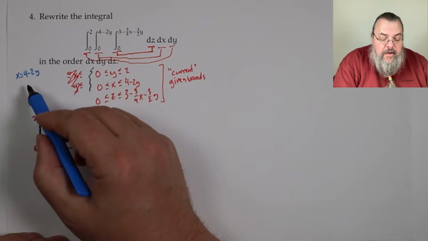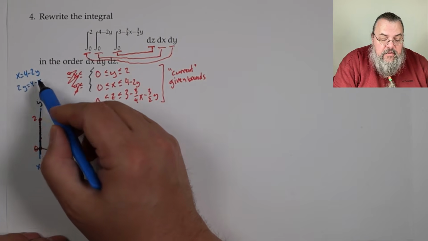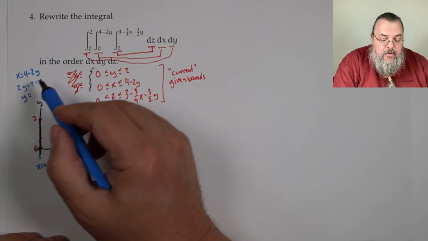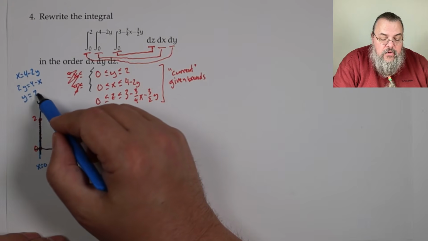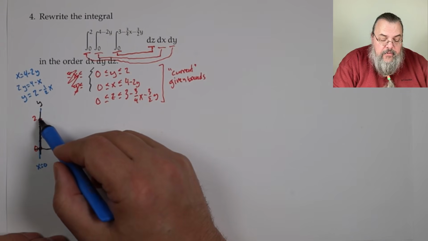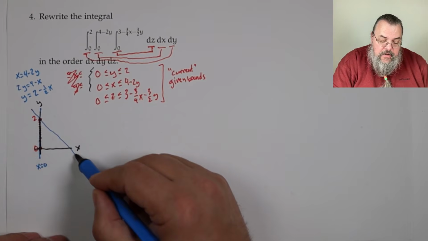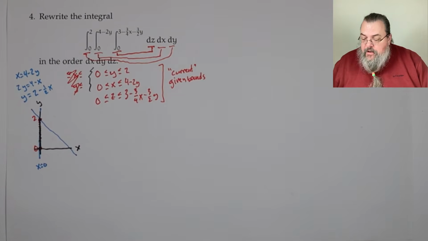We can say that's the same as 2y equals 4 minus x, or y is equal to 2 minus 1/2 x. So it's a line. It hits at 2, has a slope of negative 1/2, and I didn't really prepare my picture well, but that's all right.